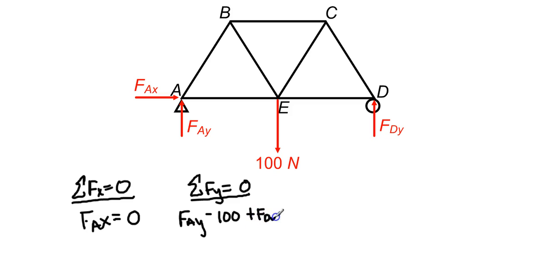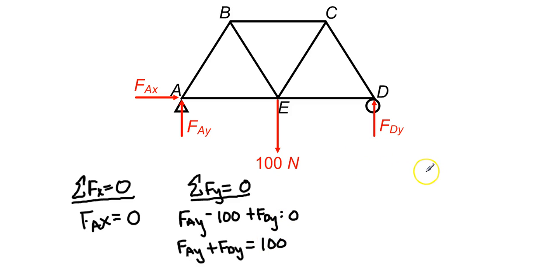You can simplify a little bit, but we've got two unknowns, so we'll have to come back to this one. Let's move our 100 Newton force over, and we'll come back to that one.